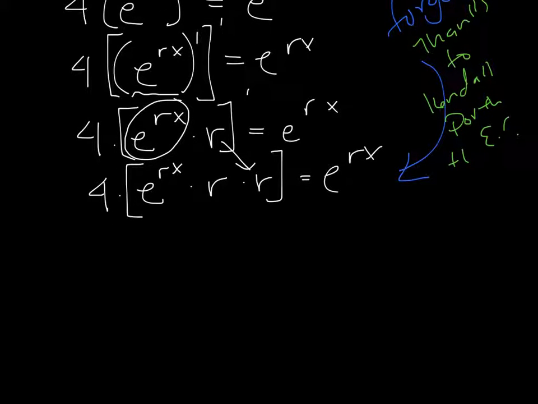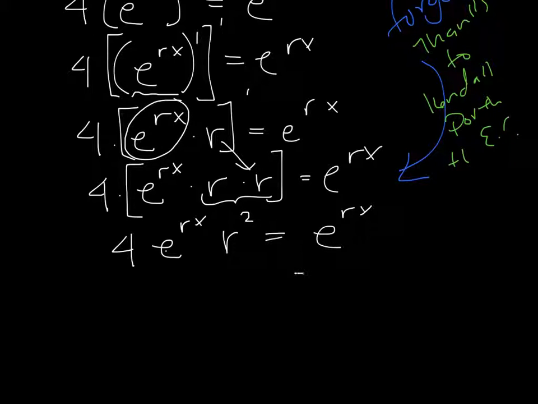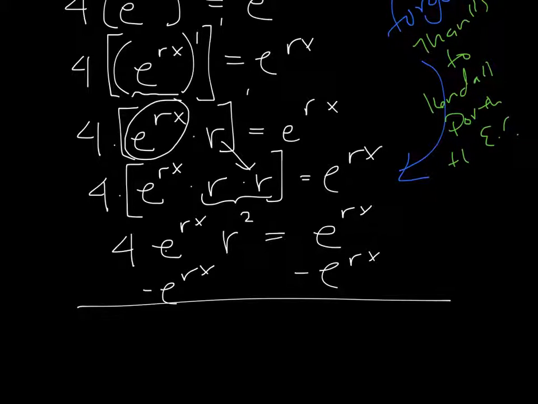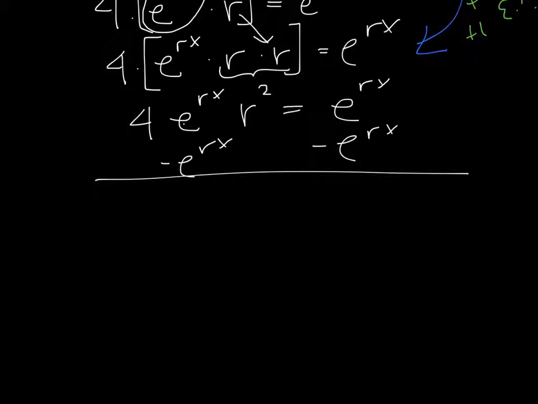So let's solve this differential equation for r. We have 4 times e to the rx times r squared equals e to the rx. I'm going to subtract e to the rx from both sides.